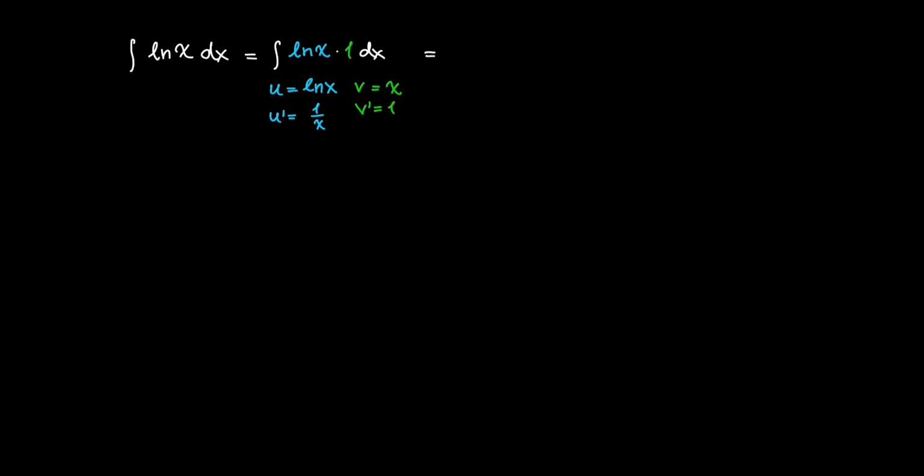In this case, that would be ln x multiplied by x, and then minus the integral of v original times u prime. So in our case, x times 1 over x dx. Immediately, you can already see x times 1 over x just simplifies to 1. And the value of the integral of 1 is simply going to be x.